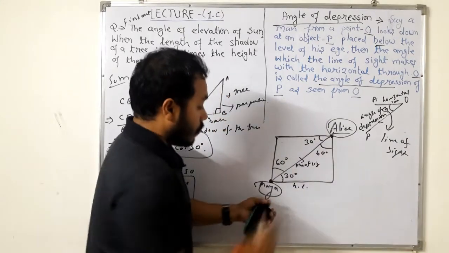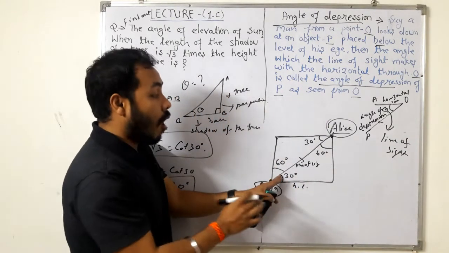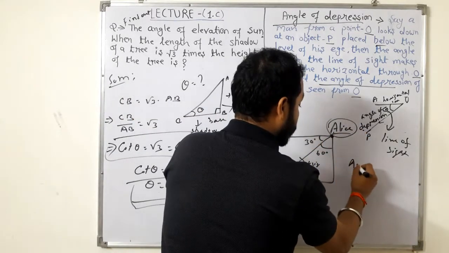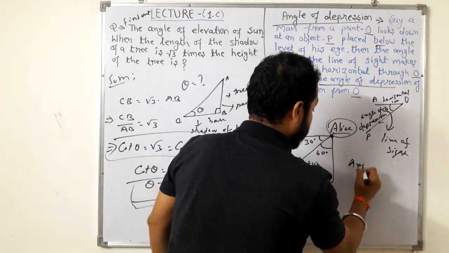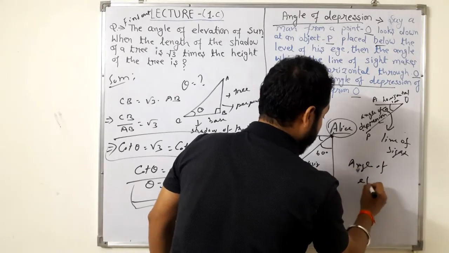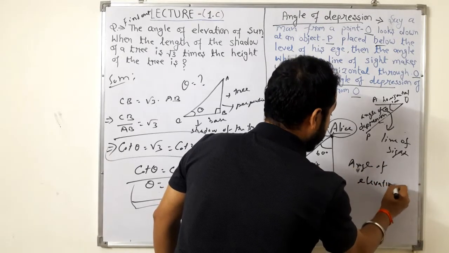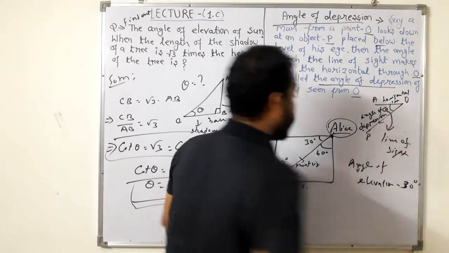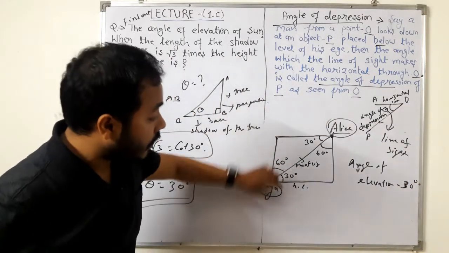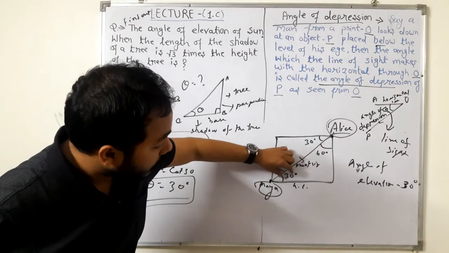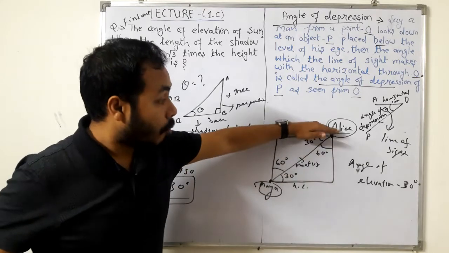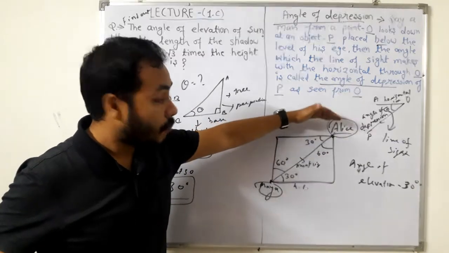So 30 degrees is the angle of elevation of Maya with respect to Alice. Any doubt? I hope not, because I have discussed enough problems on angle of elevation. It is 30 degrees because Maya's line of sight forms this angle with the horizontal line, and Alice is above the eye level of Maya.